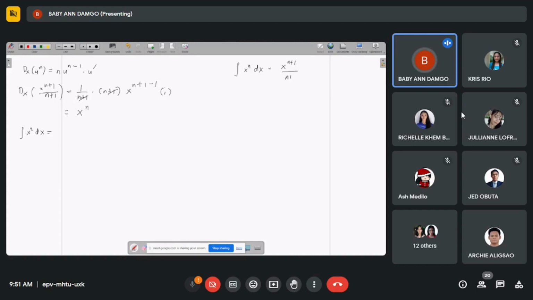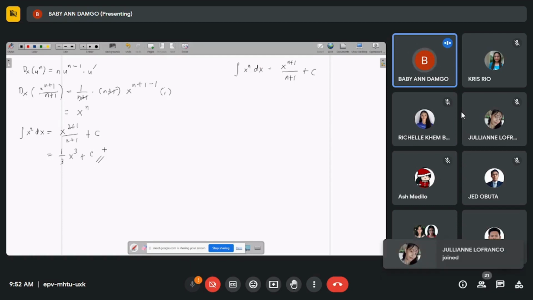Okay? So your n here is 2. So we have here x to the power of 2 plus 1 over 2 plus 1 plus c. Okay? So simplify, we have here 1/3 x cubed plus c. So this is our final answer.